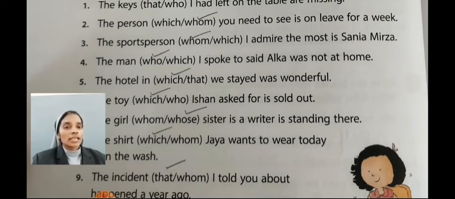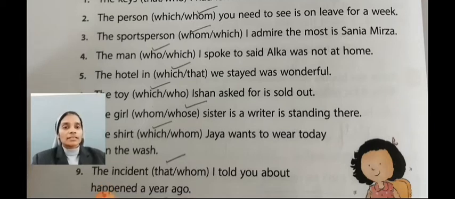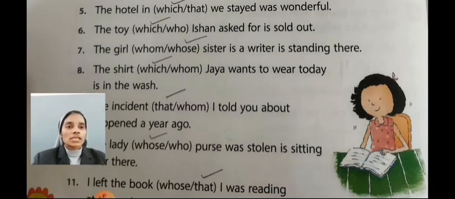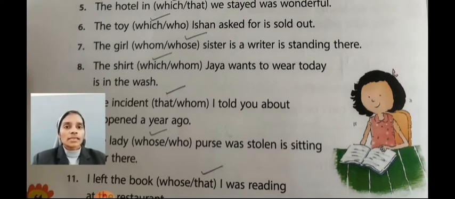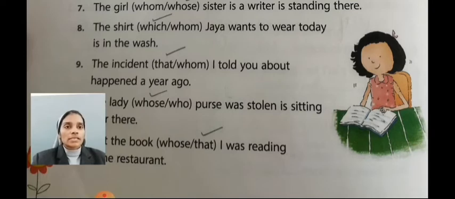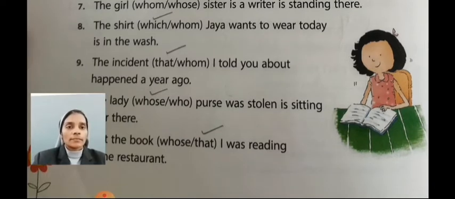The hotel in which we stayed was wonderful. The toy which Ishan asked for is sold out. The girl whose sister is a writer is standing there. The shirt which Jaya wants to wear today is in the wash. Next one, the incident that I told you about happened a year ago.